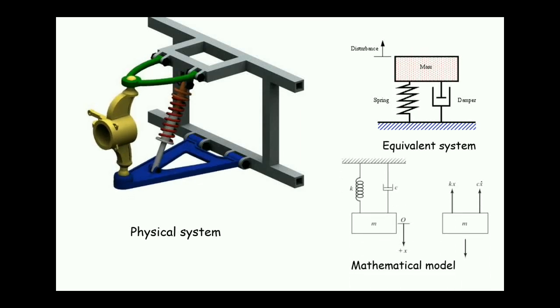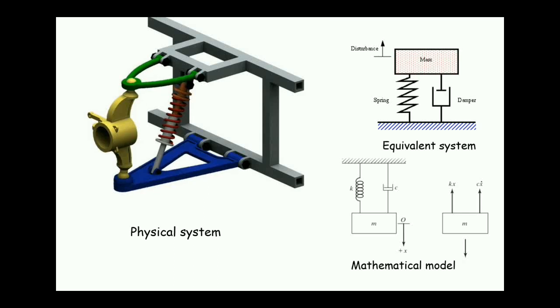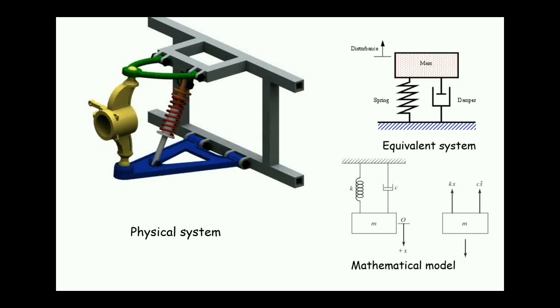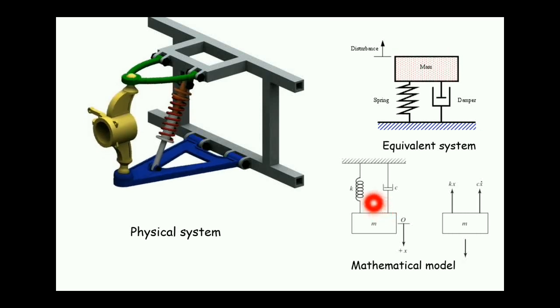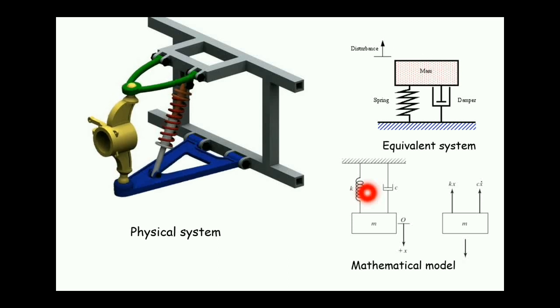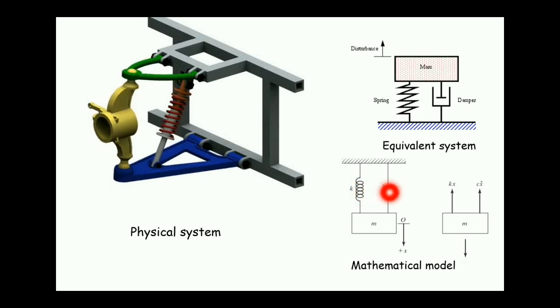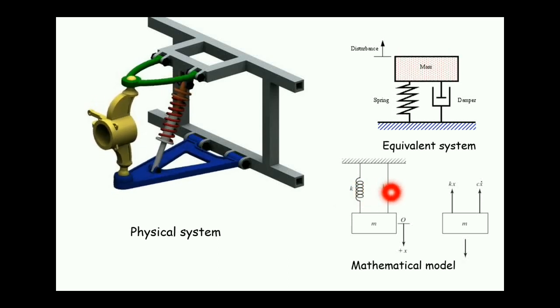In this diagram, one can see the mass m, which is connected to a rigid support with the help of two elements. One is a spring and the second is a damper.